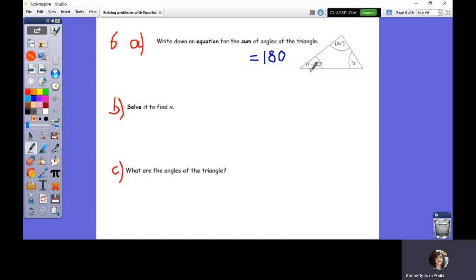Okay? And now we have to actually add all the angles because the sum is found by adding all the angles. So we have x minus 12 plus 2x plus x.